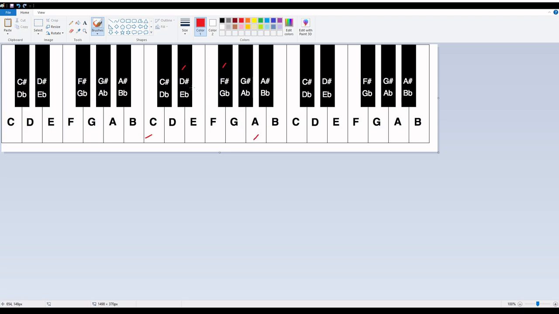If I take this D sharp, E flat, and lower it to a D, I get a D7. If I lower this F sharp, I get an F7. If I lower this A, I get A flat 7. If I lower this C, I get a B7. So any lowering of these notes gives you a dominant chord, and any raising gives you a minor 6 chord. That's one way you can think about it.